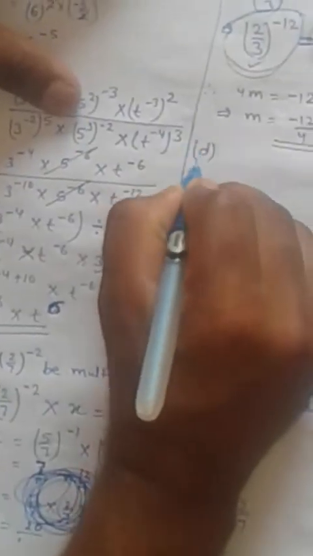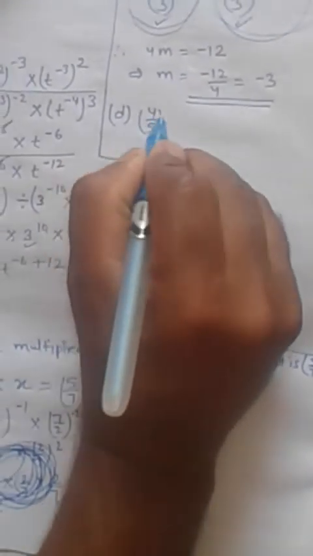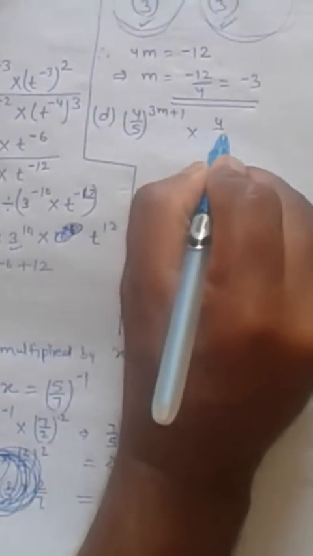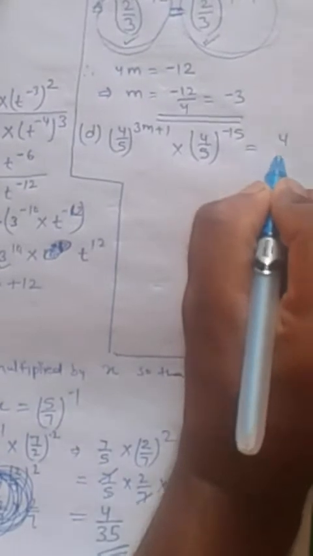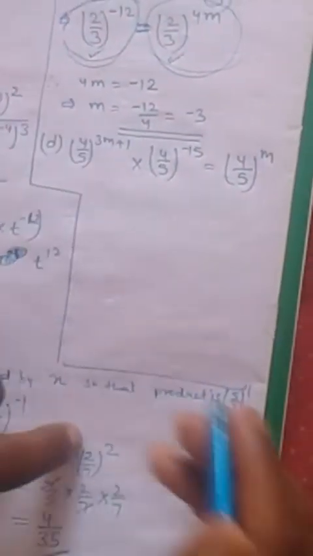Now question number 8 part D. What is that? It is (4/5)^(3m+1) × (4/5)^-15 = (4/5)^m. Let me start.